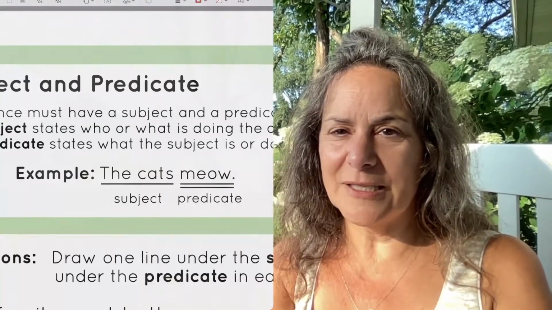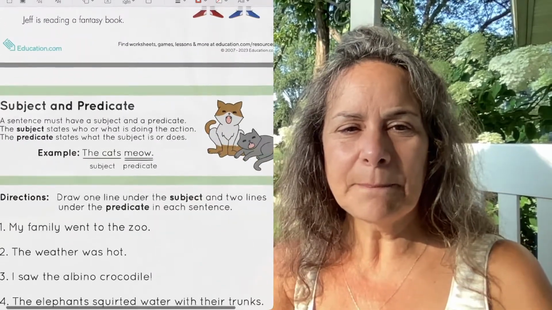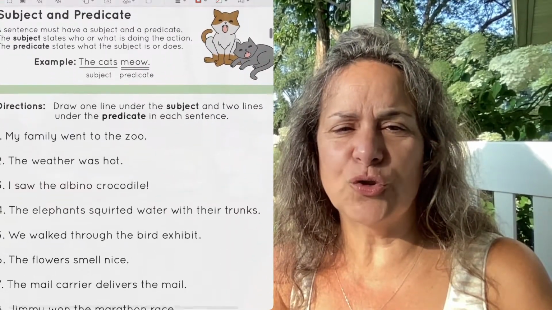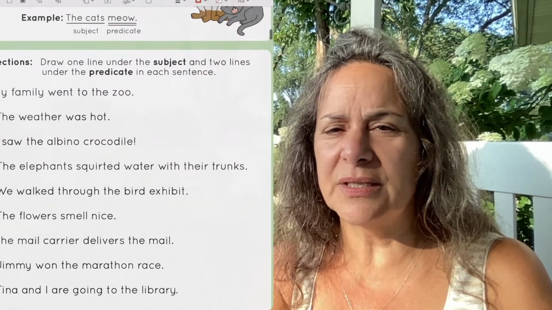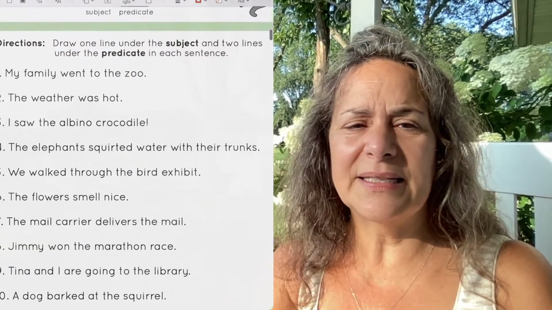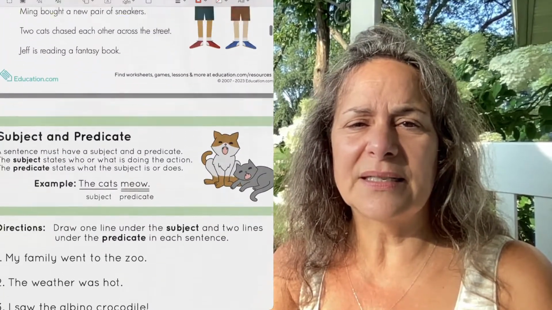Let's take a look at the next page, which is doing the same kind of exercises for you. All right? Subject and predicate. So the same thing. Draw one line under the subject and two lines under the predicate in each sentence.